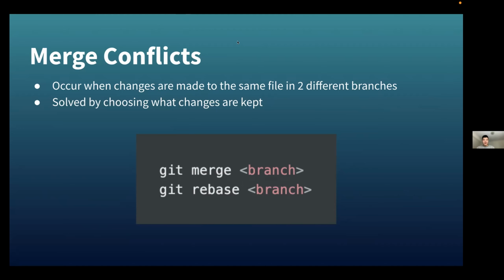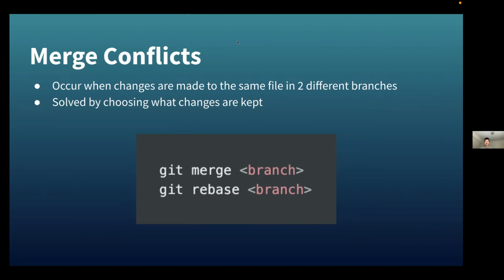So okay, we'll continue. The next topic we're going to talk about is merge conflicts. Merge conflicts occur when changes are made to the same file in two different branches, or in two different locations.